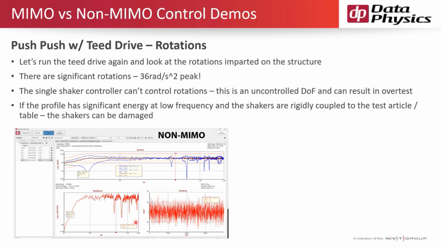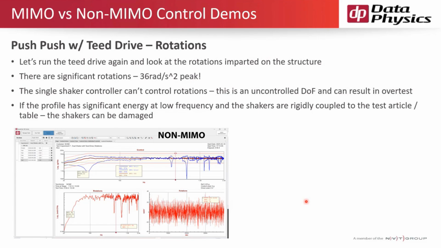The T drive method resulted in 12 radian per second squared RMS, or about 36 to 40 radian per second squared peak in the time domain of angular rotation. And the single shaker controller could not control those rotations. And oftentimes, as I mentioned, it won't even be calculating them.